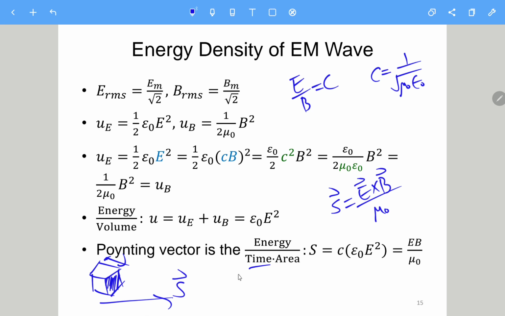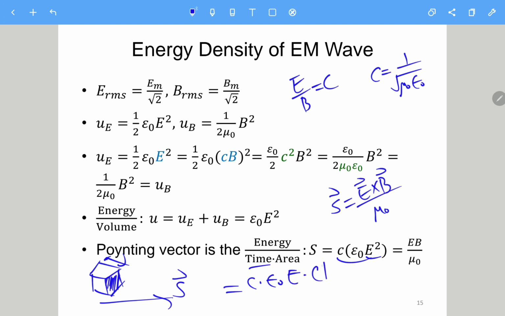But anyway, we need to multiply by the speed of light so that we convert this energy density to be the Poynting vector. Okay, so we have c times this epsilon naught E squared. And actually, let's see how to convert it. So we have E squared here. So E equals Bc. So we have c times epsilon naught E squared, and one of the E's changed to Bc.